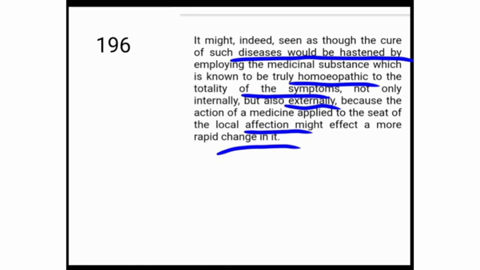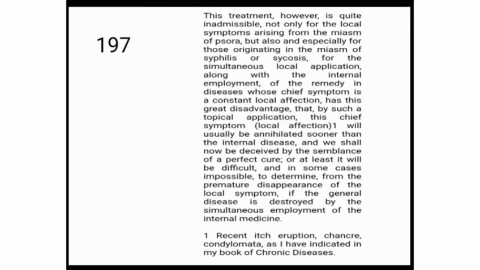So at that time we give the antimiasmatic medicine both externally and internally, so that a rapid cure can be possible. And why should we give it externally and internally?